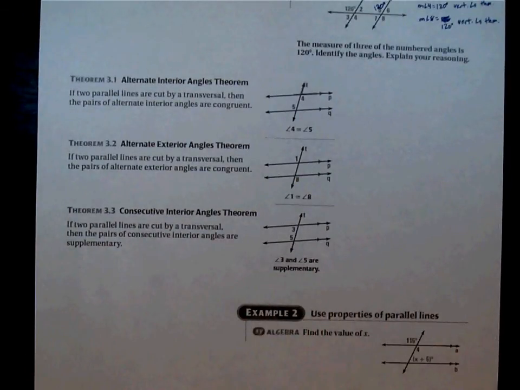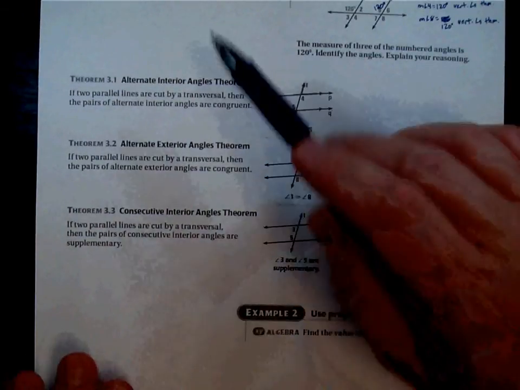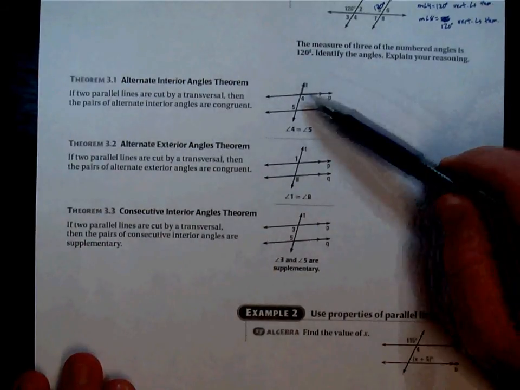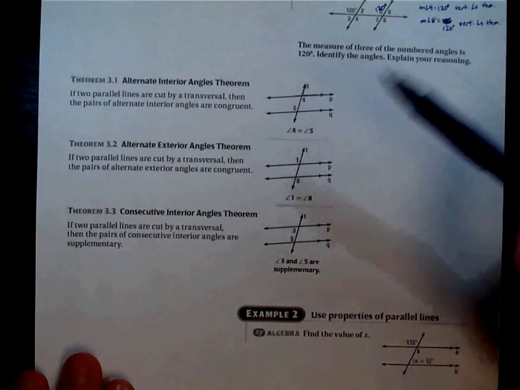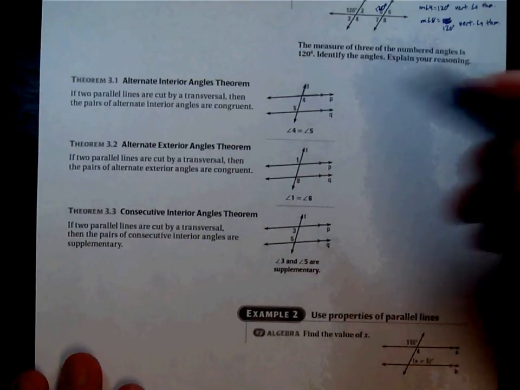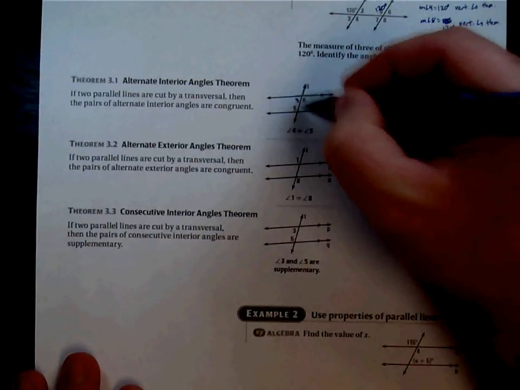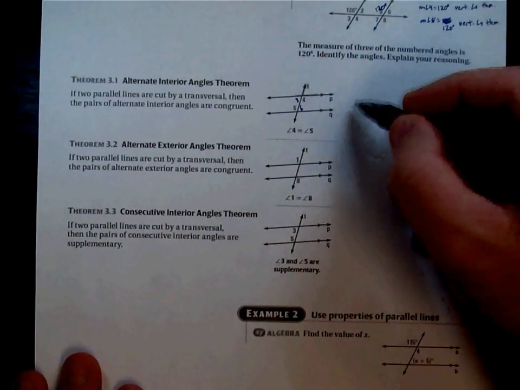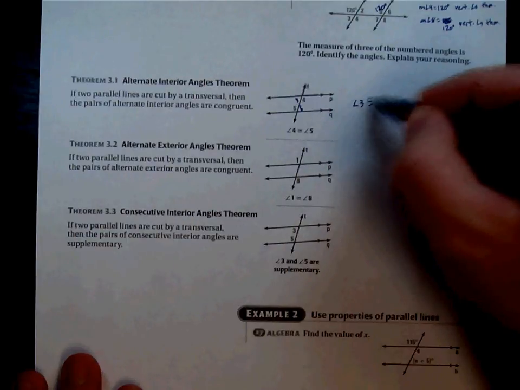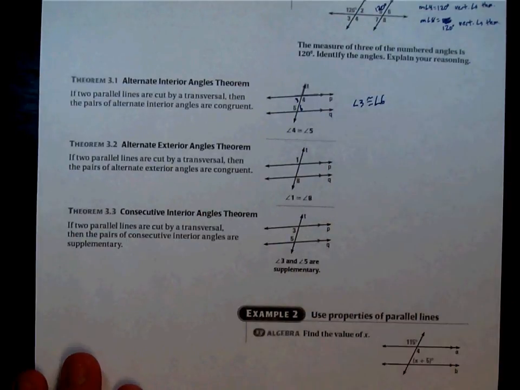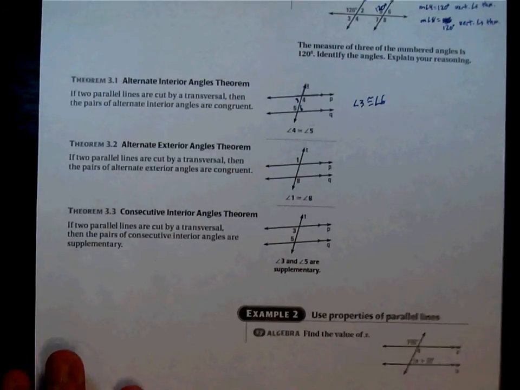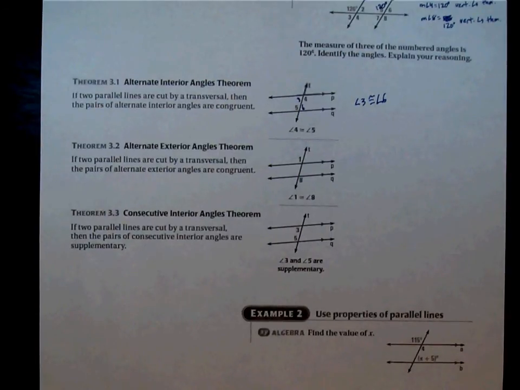Then we also learned about some of the other pairs. Alternate interior angles. If the lines are parallel, alternate interior angles are congruent. So an example of alternate interior angles is 4 and 5. We also know, if I wrote in the other numbers, that 3 and 6 are also a pair of alternate interior angles, so they're congruent as well, as long as the lines are parallel. Alternate exterior angles.